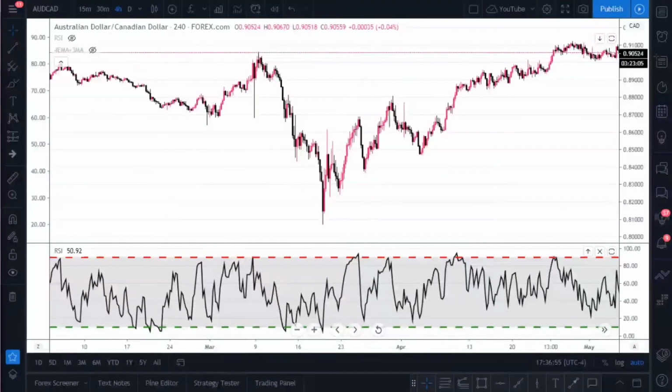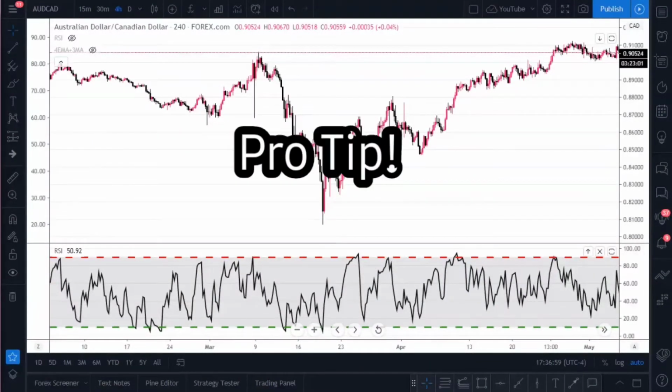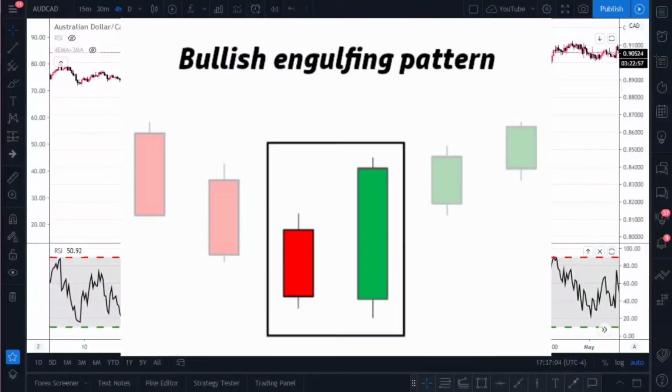Now, let's go over a few pro tips, okay? Price action must show a clear downtrend when the bullish candle pattern shows up. The large bullish candle shows that buyers are aggressively entering the market. When it shows up, this pattern can provide a bit of a bias towards future upward momentum.